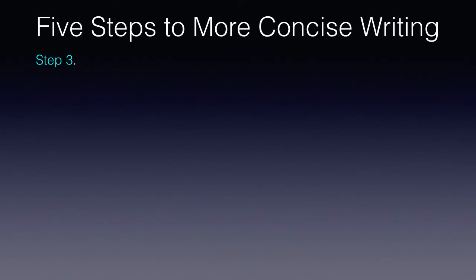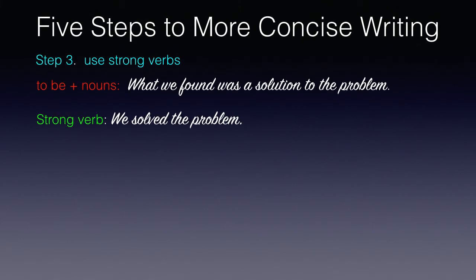Step 3. Use strong verbs. Avoid using sentences that rely overly on some form of the verb be in combination with nouns or prepositions. For example, instead of what we found was a solution to the problem, it's better to write we solved the problem.